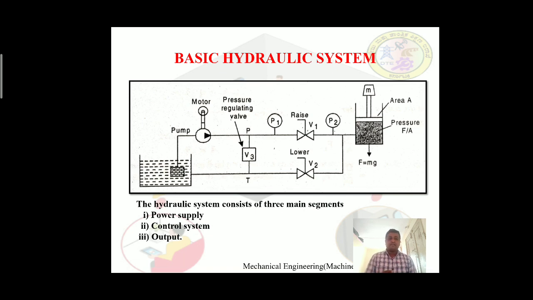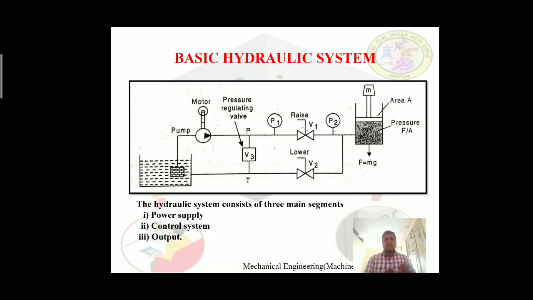The hydraulic line running from the sump through the pump to the output point is called the pressurized line, because pressurized fluid is passing through that line. The next hydraulic line, which runs from the outlet point to the sump, is called the return line. This is the basic construction of a basic hydraulic system.